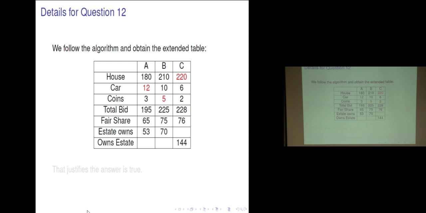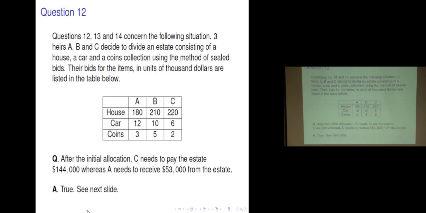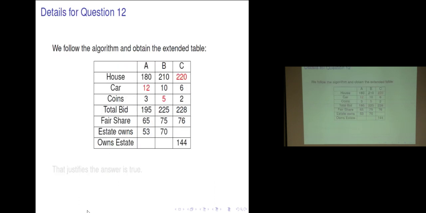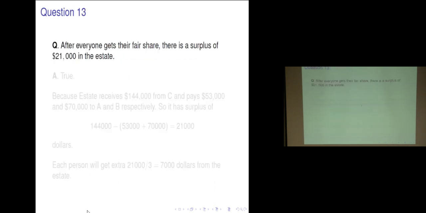But this is a negative number, meaning C owes the estate this amount. These all come from the algorithm, and therefore it is true. The estate will pay Mr. A this amount in thousands, and C will pay the estate this amount in thousands. So C needs to pay the estate this amount, and A needs to receive this amount. It is correct, so the answer for 12 is correct.